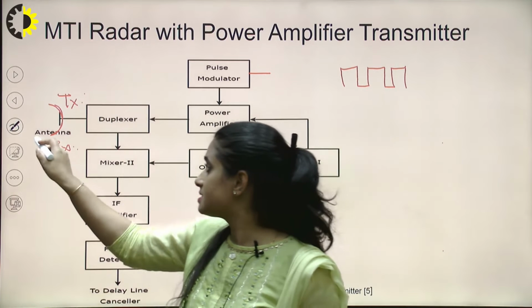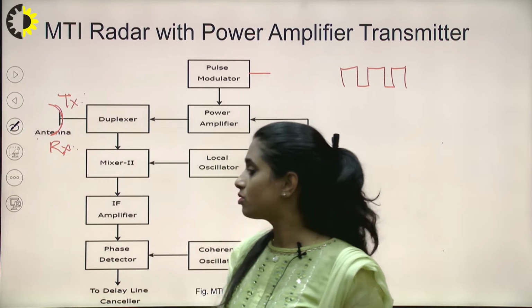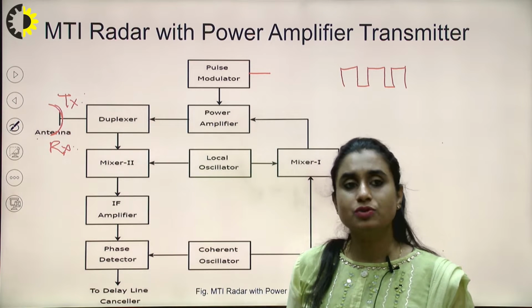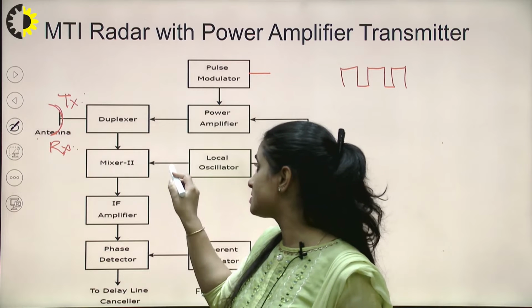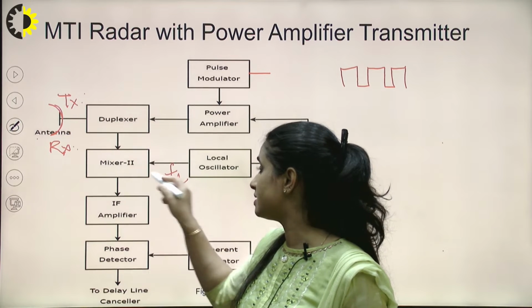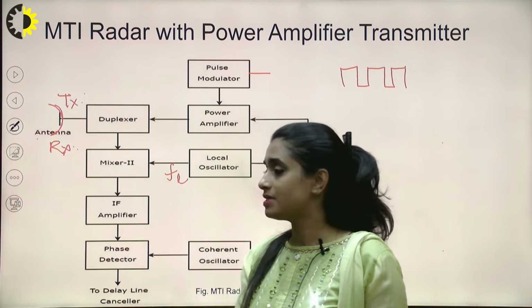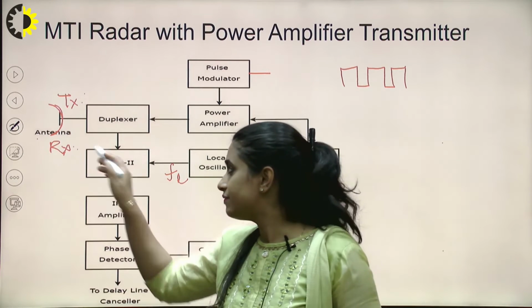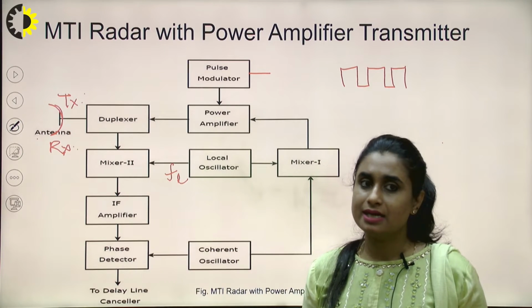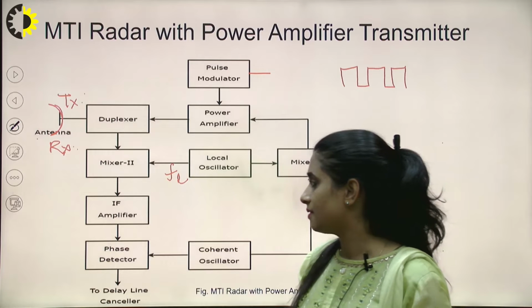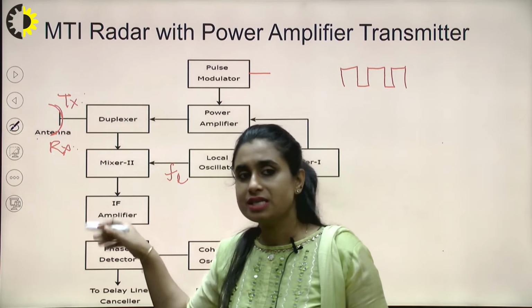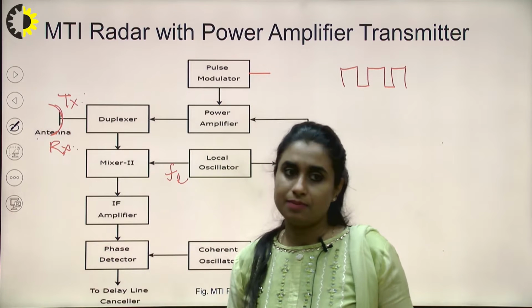So the received frequency will go to mixer 2. Another input to mixer 2, or the product modulator, is my locally generated frequency. So to the product modulator or mixer 2, the two inputs are the received echo signal and the locally generated signal. The difference frequency could be amplified with the help of the IF amplifier.